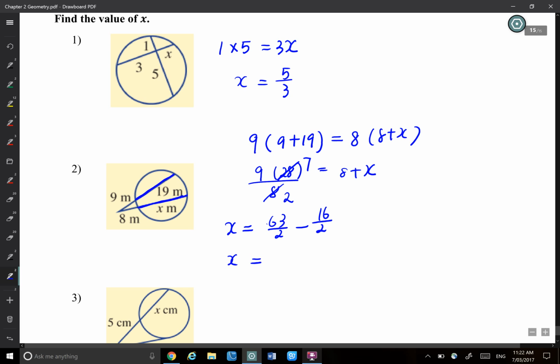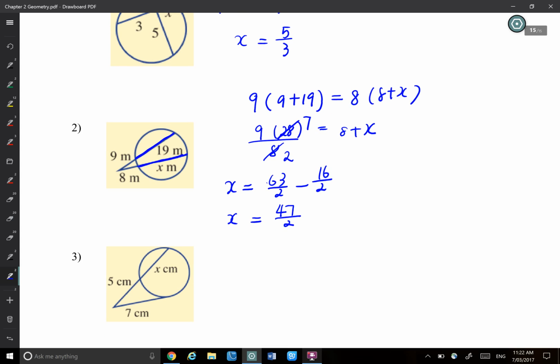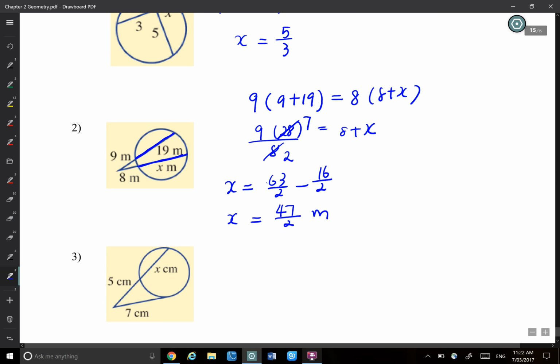Then x will be that. Okay, 47 over 2. So 28 times 9 divided by 8 by 4, 2, 7, 64. Calculations. So we have meters. 47 over 2 meters.